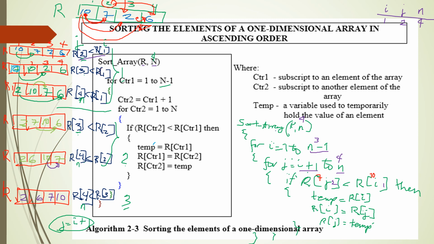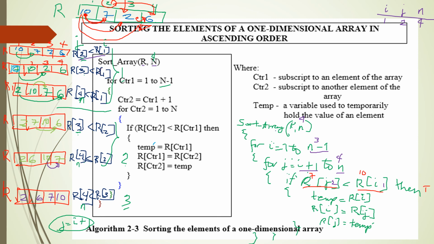Okay? So, para malinaw, for the entire R sub j or R sub 2, we are referring to 7. And R sub I, we are referring to the value 10. Okay. Is 7 less than 10? Very good. It is true.